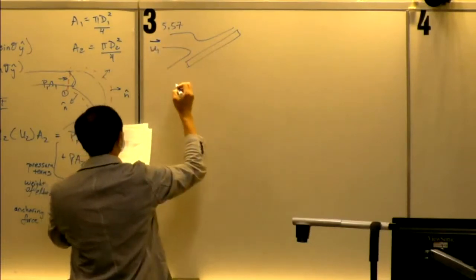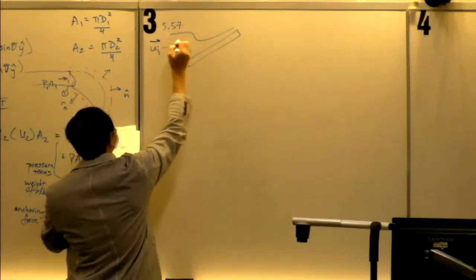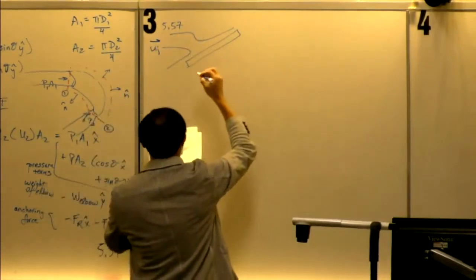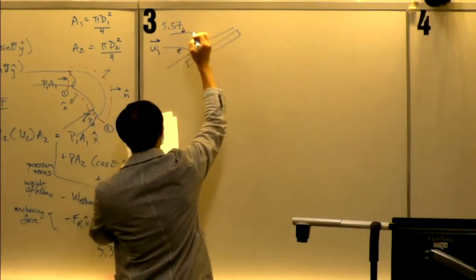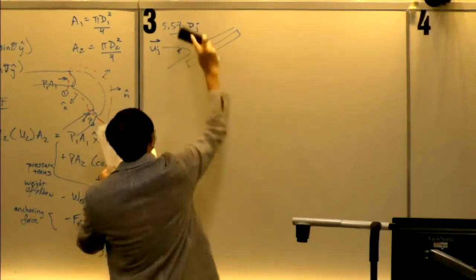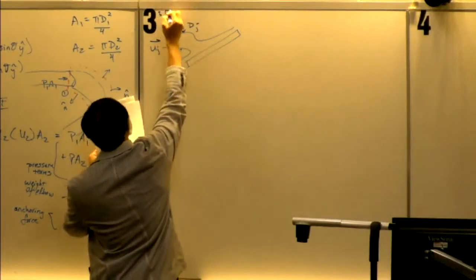U1. Oh no, this is going to be called UJ. So this is like if you're trying to throw a frisbee into a gardening hose for some reason. This is what would happen. 5.57.